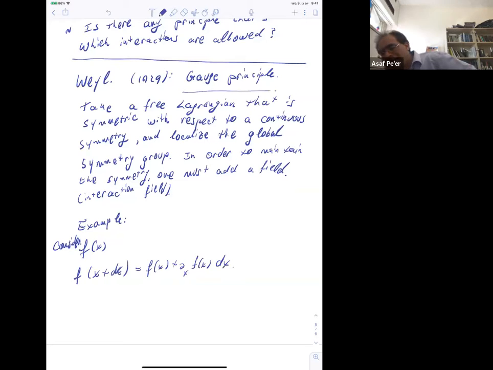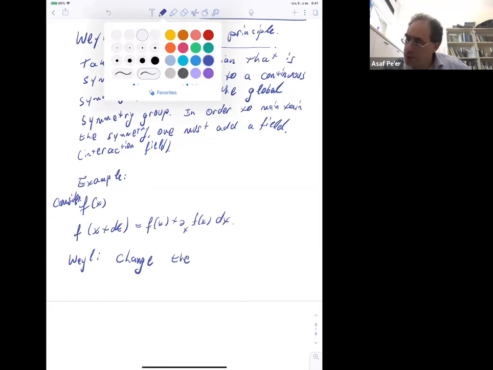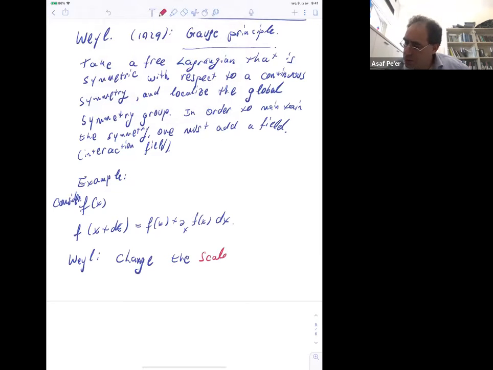Weyl's idea was to change the space. He proposed basically to change the scale, the unit of measure. So Weyl says, let's change the scale. That's why it's called gauge, that's the name. Change the scale, which is the unit of measure of space.